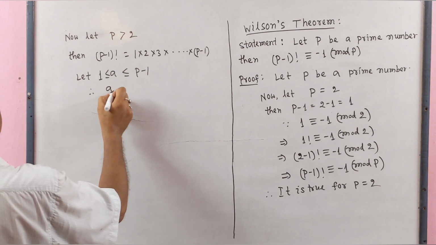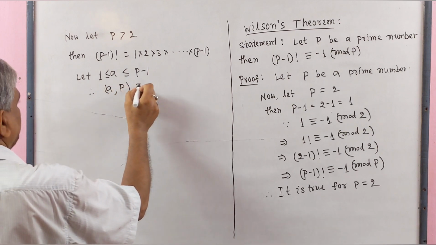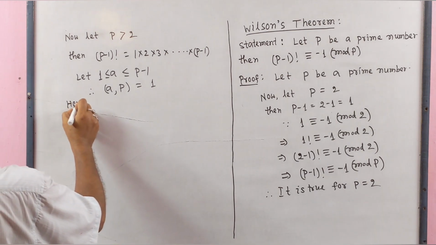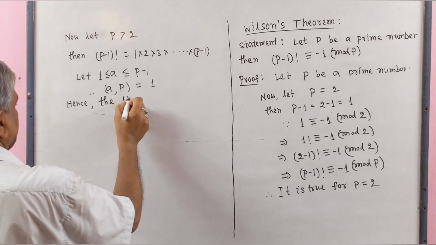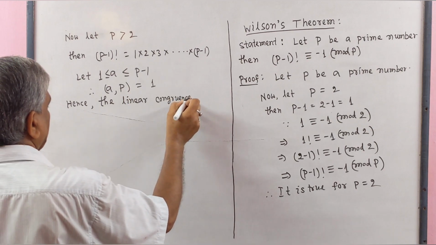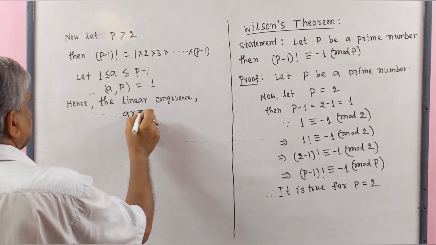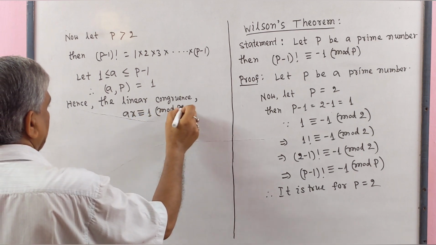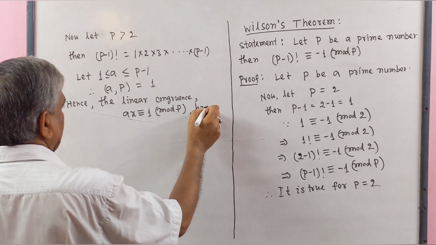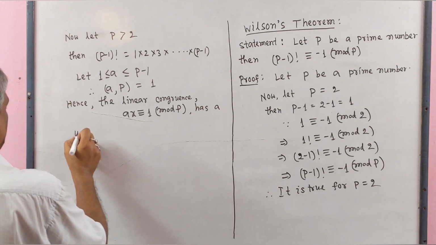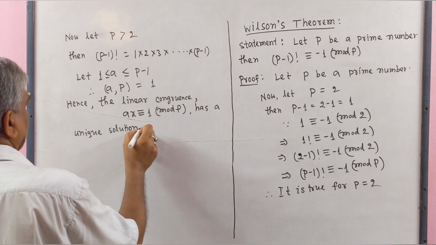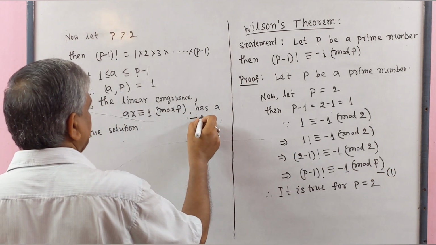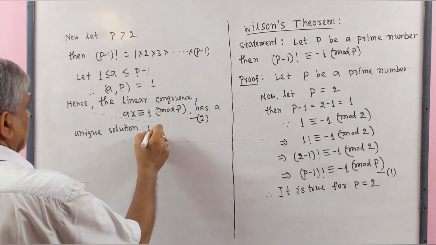Therefore, GCD of a and p will be equal to 1. Hence, the linear congruence aX is congruent to 1 modulo p has a unique solution. Let this be number 1 and this be number 2.